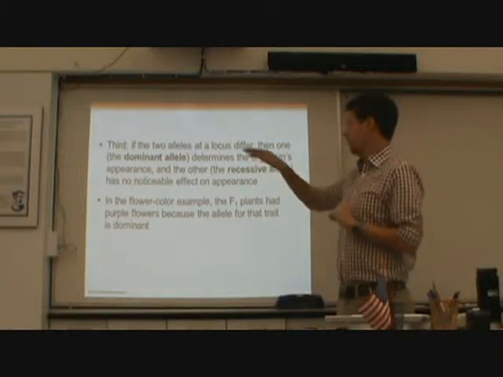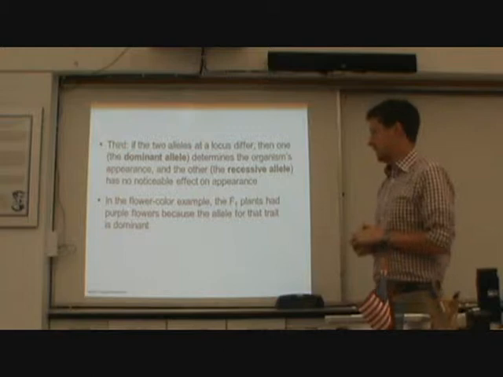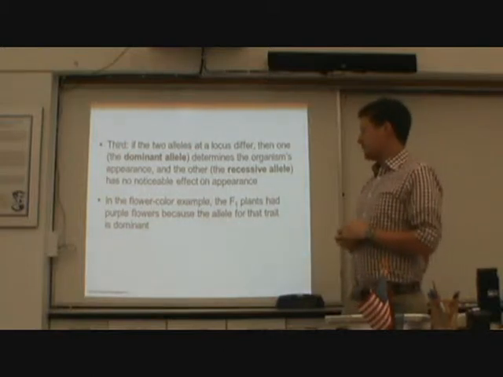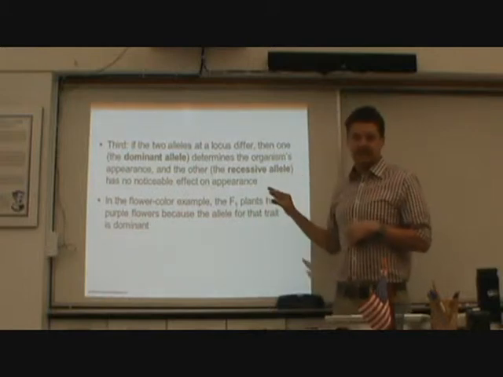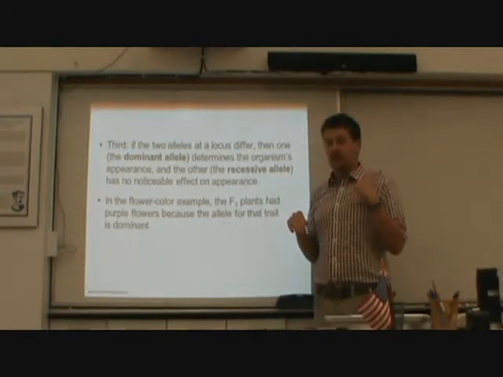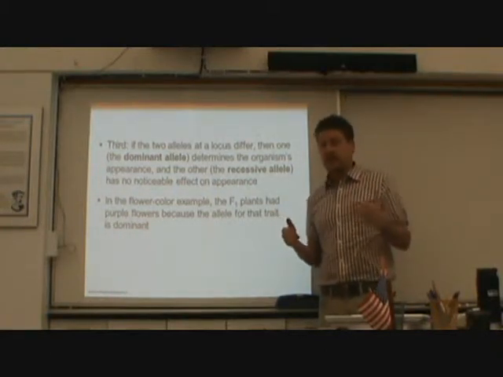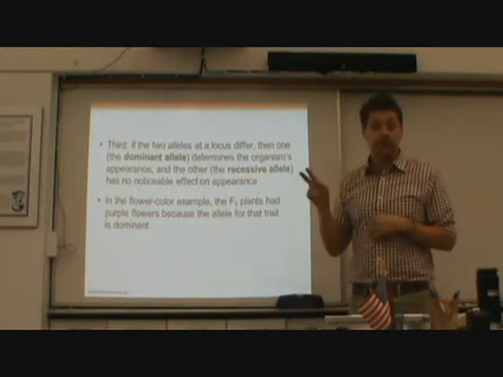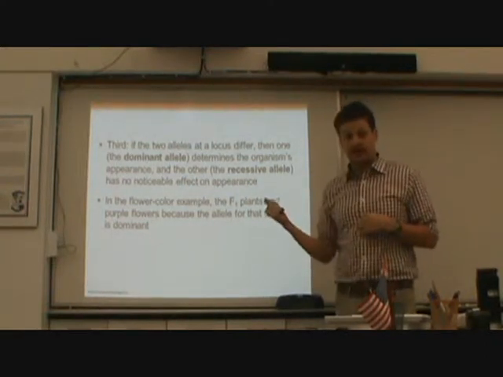And remember, dominant and recessive are words that Mendel was using at the time. So in flower color, any plant that has at least one allele for purple is going to have purple flowers. It has to have both of those alleles being the white allele in order for it to have white flowers.